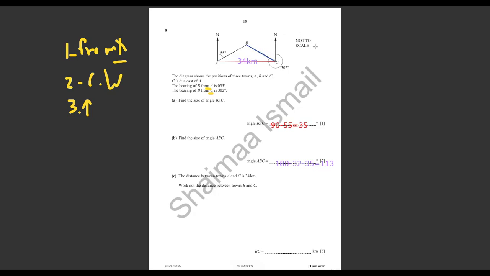So actually we're going to use the, here we have 113 degrees, remember? And here we have 32, and here we have 35, already calculated them, okay? So we are going to use the sine rule here.